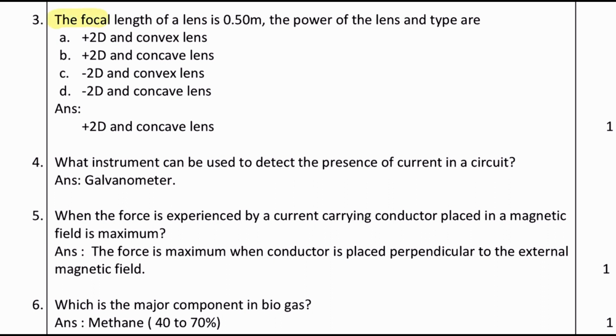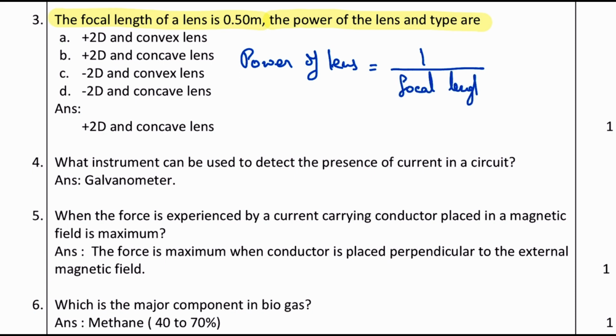Third question. The focal length of the lens is 0.5 meter. The power of the lens and the type are. As you know, power of lens formula is 1 by focal length in meter, and here the focal length is 0.5 meter.